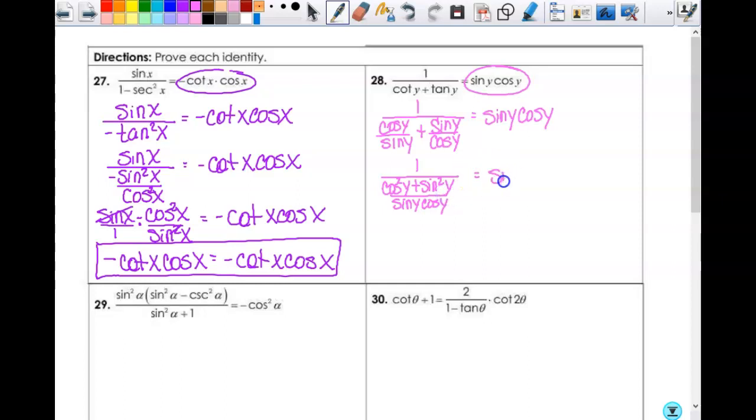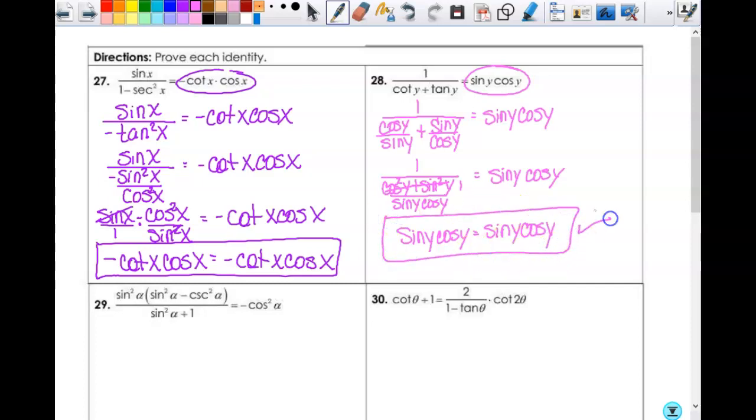That's equal to sine y cosine y. So this becomes 1. Then when I multiply by the reciprocal, 1 times this reciprocal is just sine y cosine y equals sine y cosine y. And I'm done. Check, check.